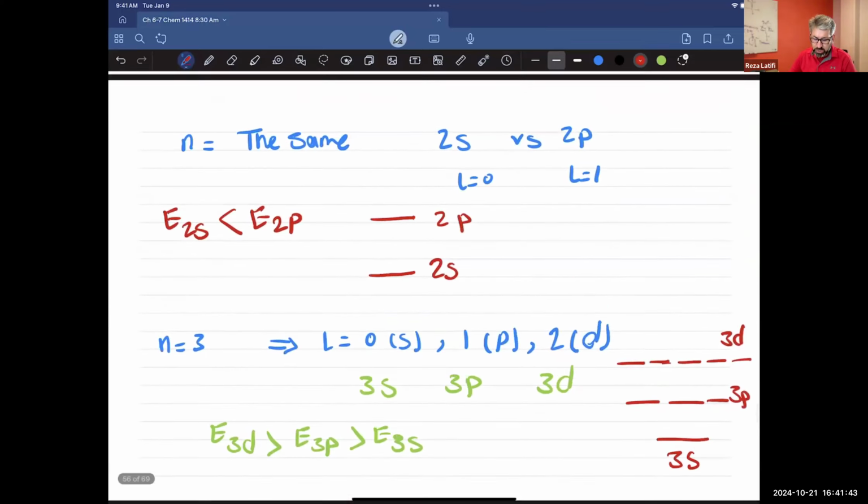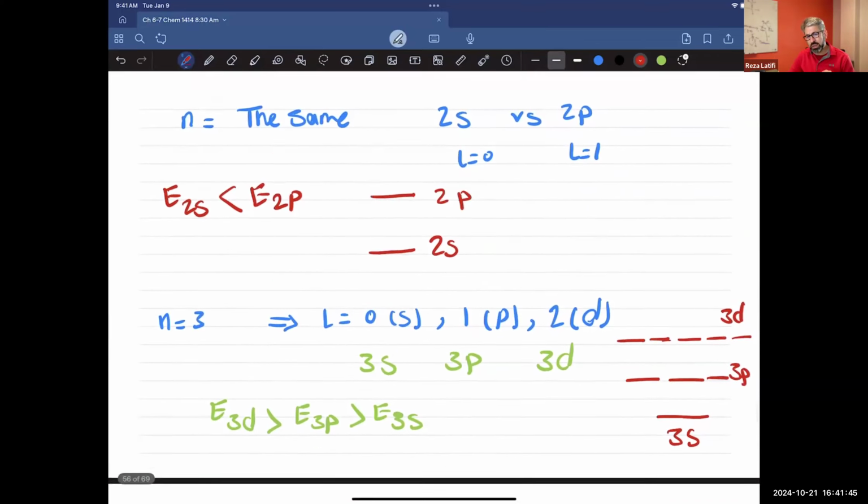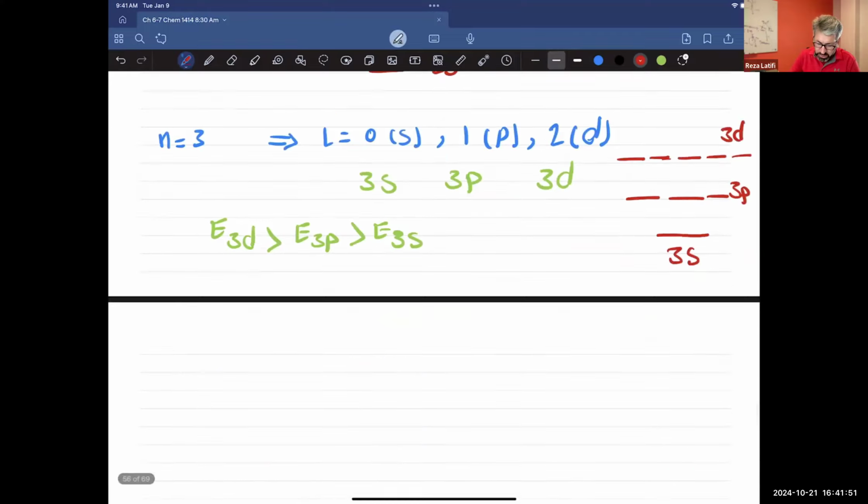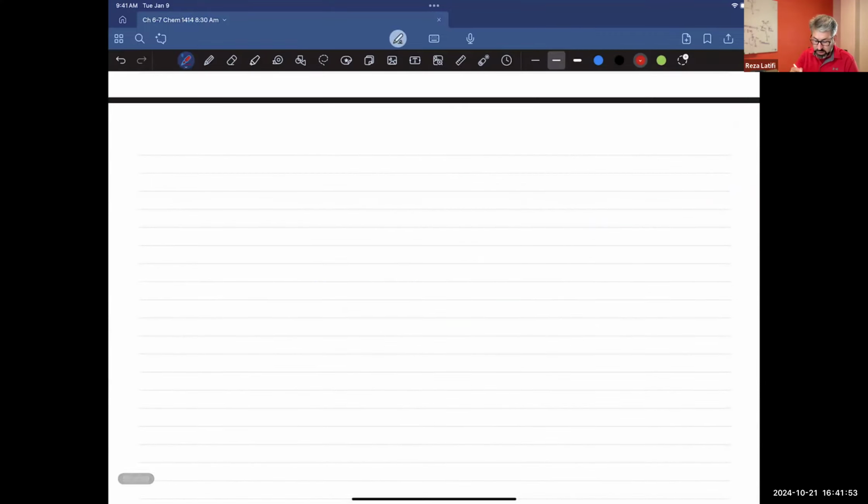Let me show you why, when n is the same, we go with L. Let's show the radial distribution graph for 3s, 3p, and 3d.